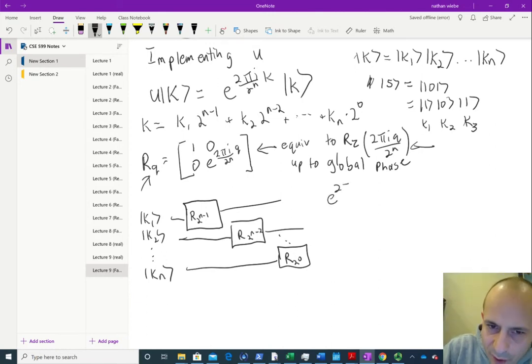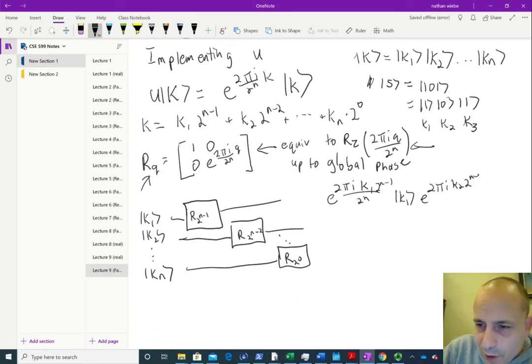If we have our input state over here, it will end up mapping this to e to the 2 pi i k1 times 2 to the n minus 1 over 2 to the n, times e to the 2 pi i k2 times 2 to the n minus 2 over 2 to the n, and so on and so forth.